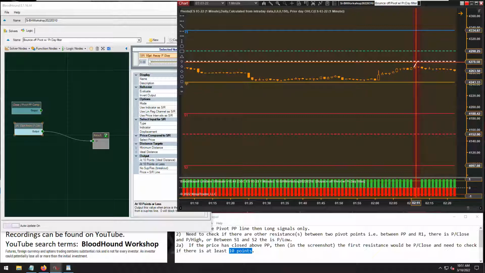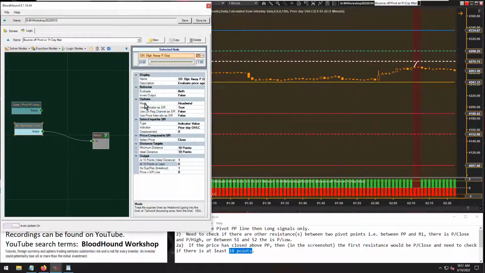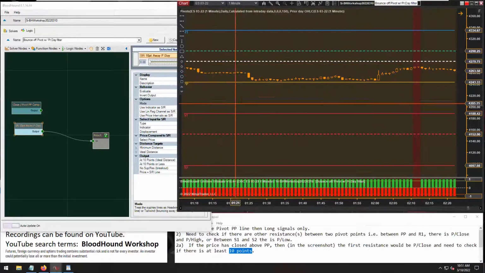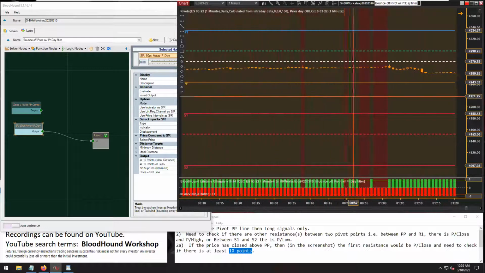So that's what the support resistance solver in headwind mode is telling you: you're 10 points or less, so don't take a long trade. No long trades right here because you're too close to the nearest resistance line.